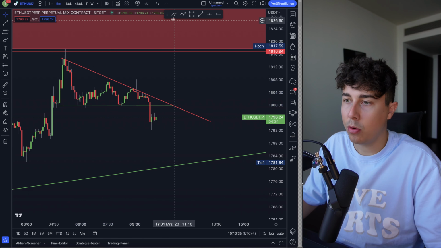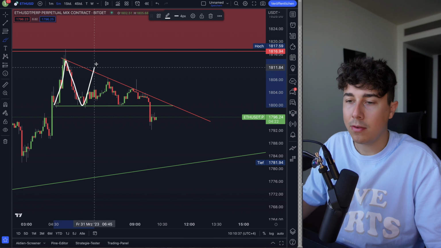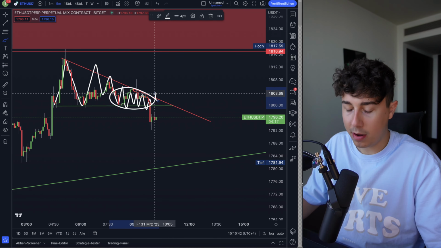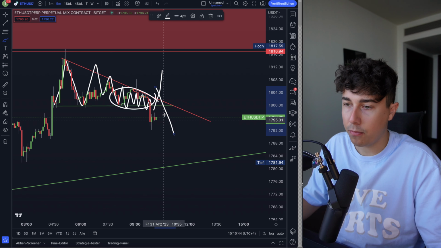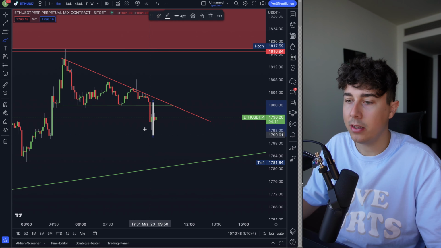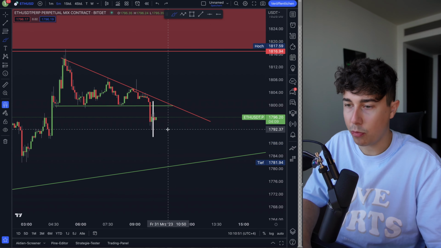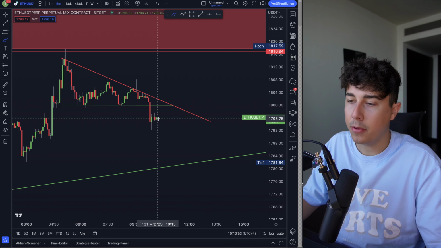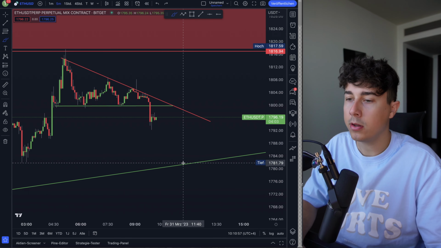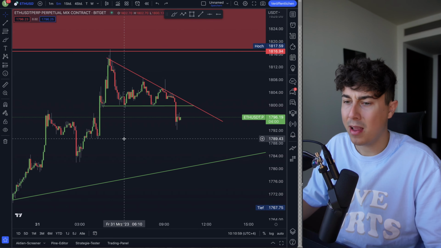Normally a pattern like this works as follows: we see a lot of liquidity bouncing back and forth, up and down, building so much liquidity here, and then it breaks out in one of the two ways. Most of the time it's a bearish breakout, and here you see, boom, we had our bearish breakout. So now what is happening? Maybe we see a bounce back, but I think we will crash down to this point. So here you could perfectly place your trade.